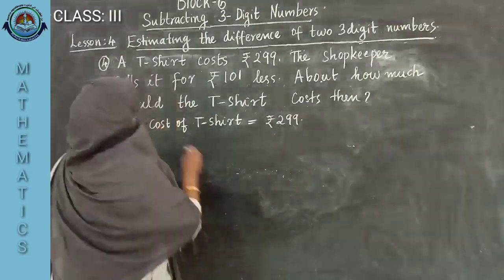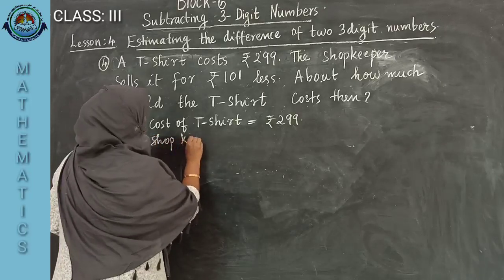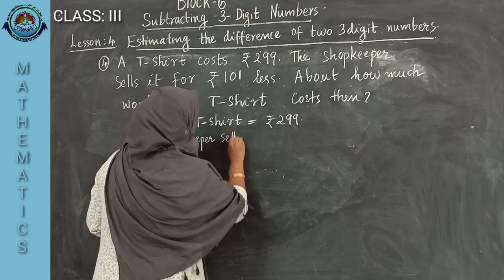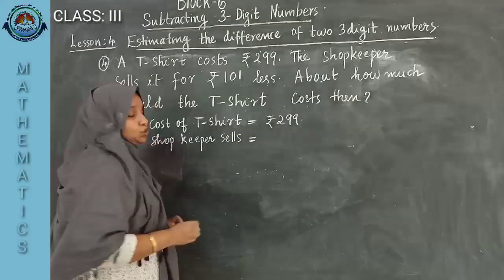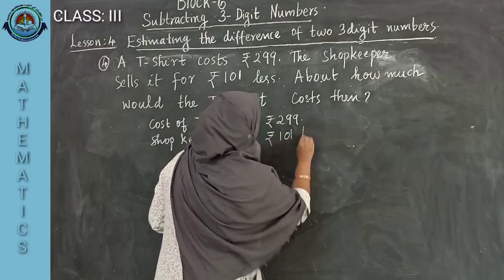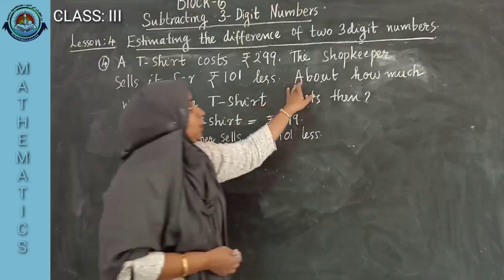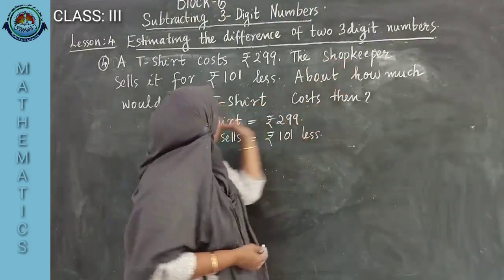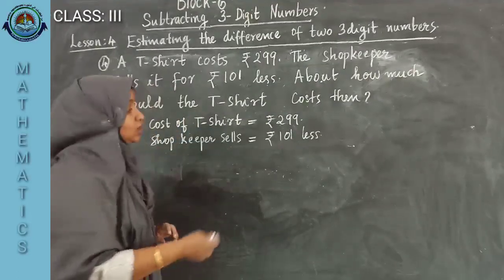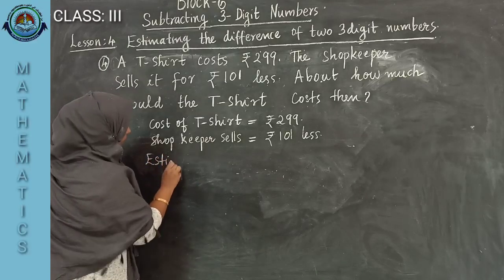The shopkeeper sells it for rupees 101 less. In the question, about is asked. About how much the t-shirt costs is asked. So we have to find the estimated difference.